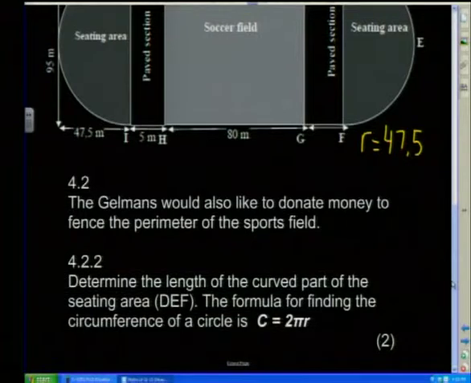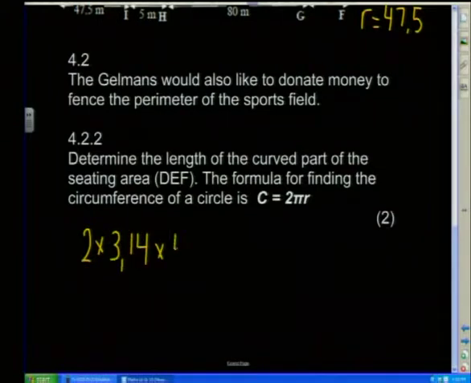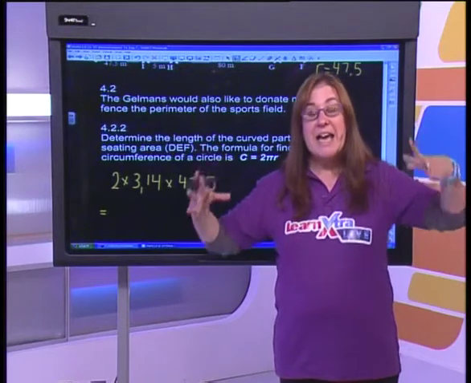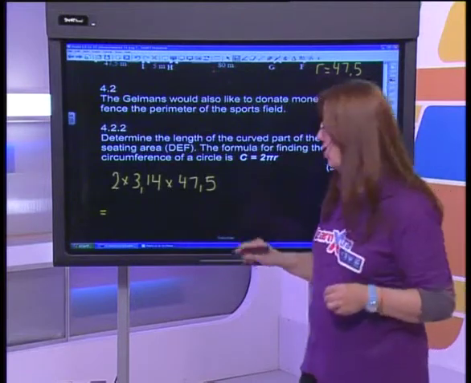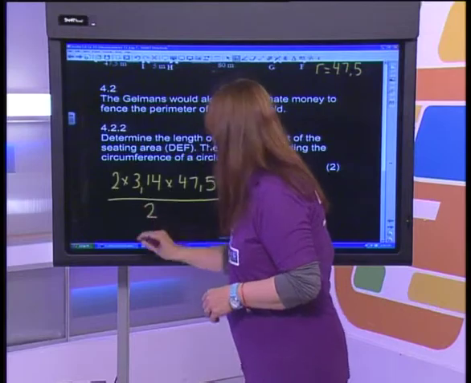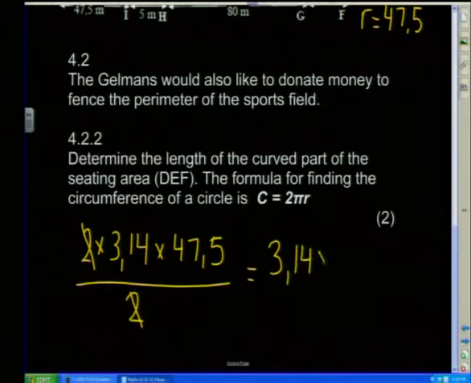So we want the curved length, and we're going to use our formula of 2 times 3,14 times my radius of 47,5. I'm going to get an answer, but now remember this is for the entire circle. So what I actually need to do is divide that by 2. If I divide that by 2 straight away, I can see that my 2's cancel. So I can in actual fact just say 3,14 times my radius.